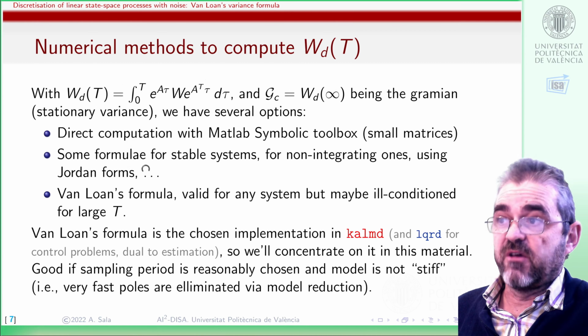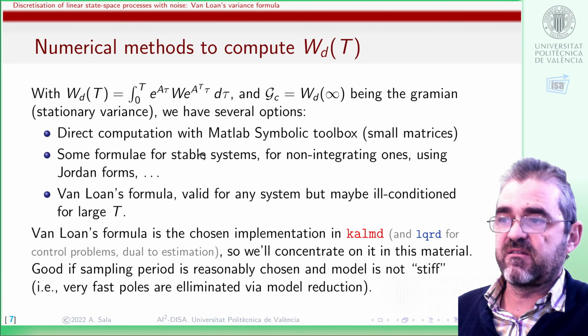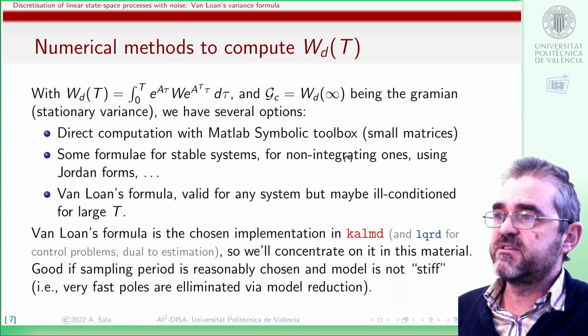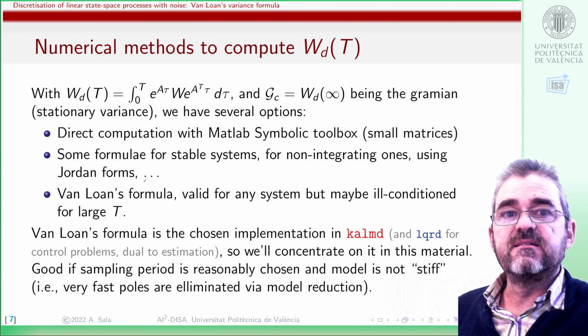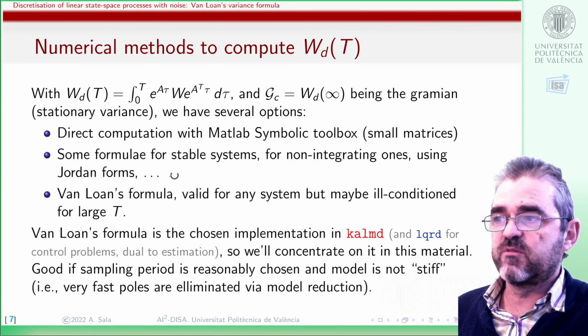Then, of course, there are other formulae for some subclasses of systems, either being stable, or being without poles at the origin. We can diagonalize and do exponentials of Jordan forms. I mean, no problem with that.